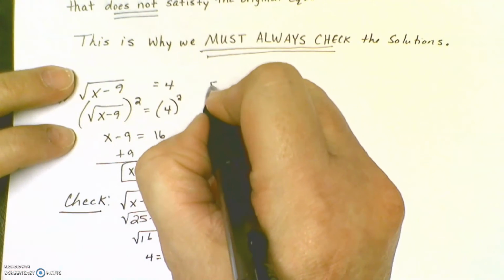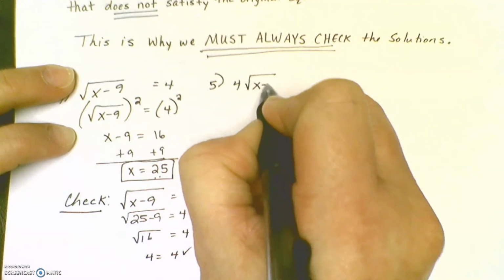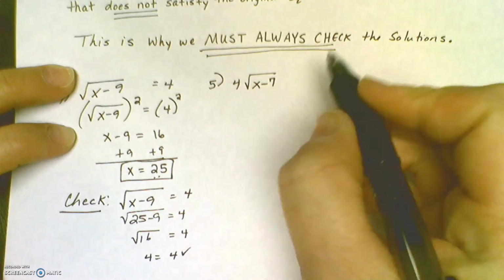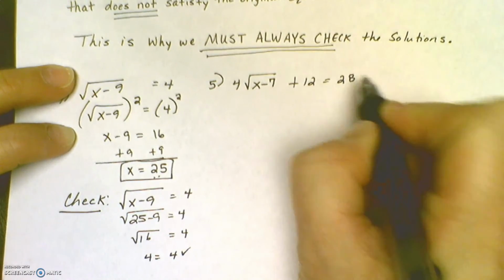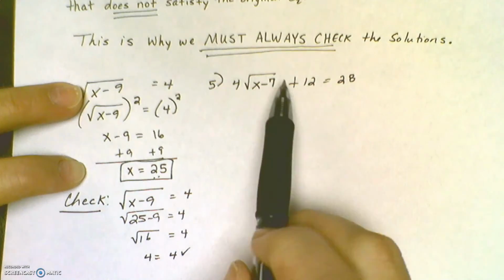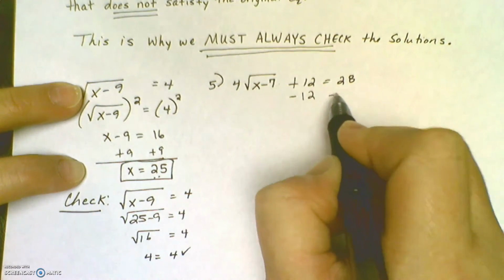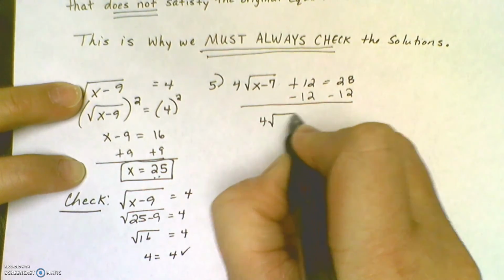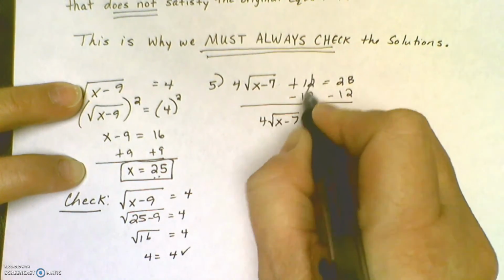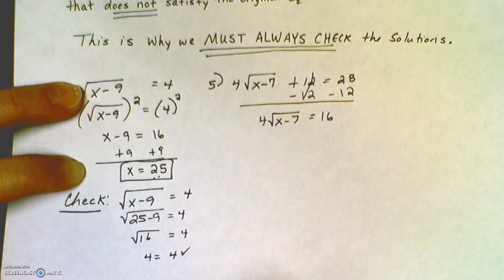Example 5. 4 times the square root of x minus 7 plus 12 equals 28. We need to isolate the radical. Subtract 12 first. 4 times the square root of x minus 7 equals 28 minus 12, which is 16.